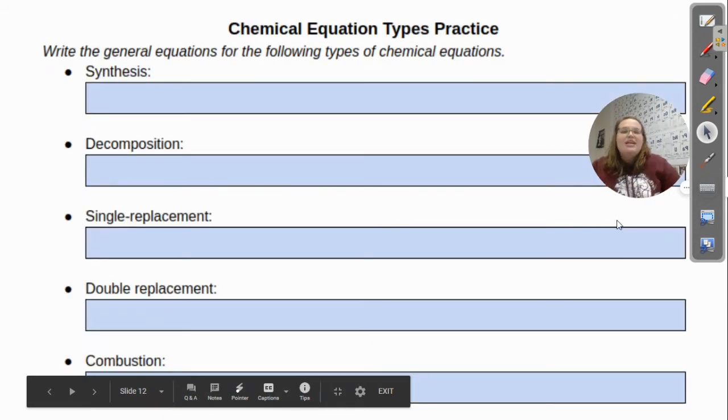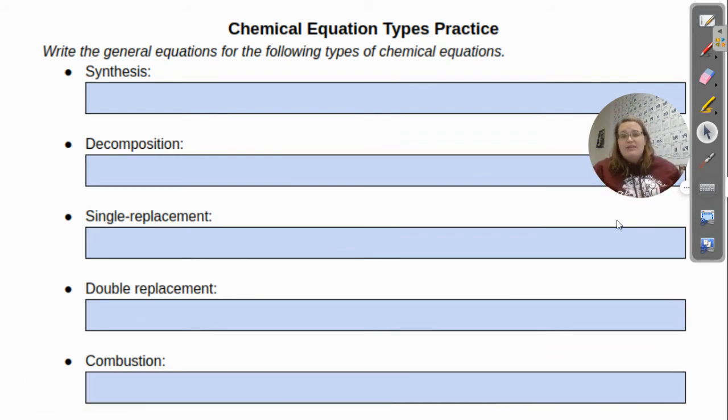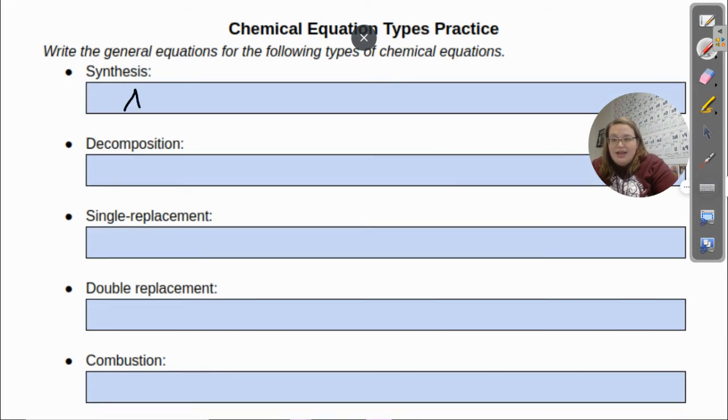All right, chemical equations type practice is probably the easiest out of all of these. The first thing you're going to do is tell me the general equation. That would be your A-B equation. So for the first one, you would write A plus B makes AB, okay?